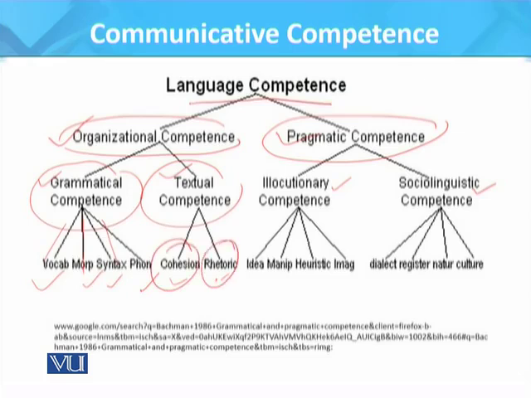By cohesion, we mean the explicit way of making semantic relationships such as reference, substitution, ellipsis, conjunction, etc. And rhetorical organization involves common methods of development such as narration, description, comparison, classification, and so on. Now, this is basically organizational.